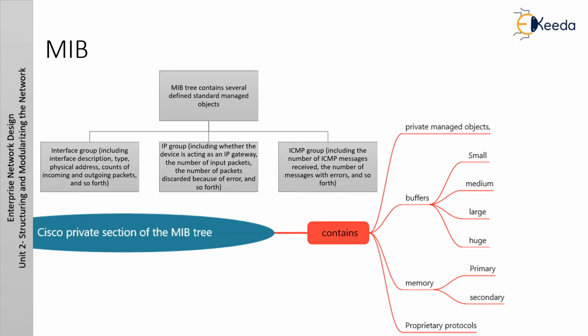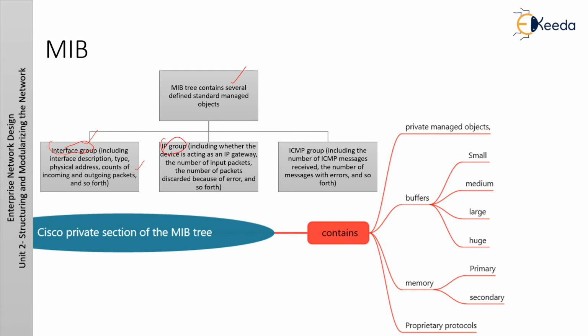There are different things. The MIB contains several defined standard managed objects in the interface group, including interface description, type, physical address, counts of incoming and outgoing packets, and so forth. So this is the interface group. Okay. Now come to the IP group.